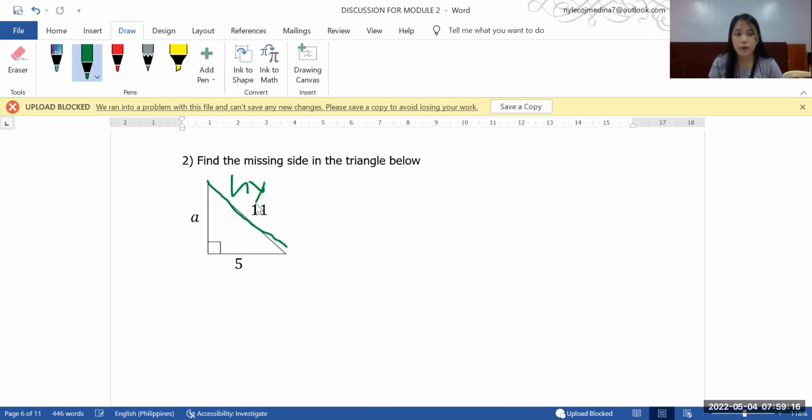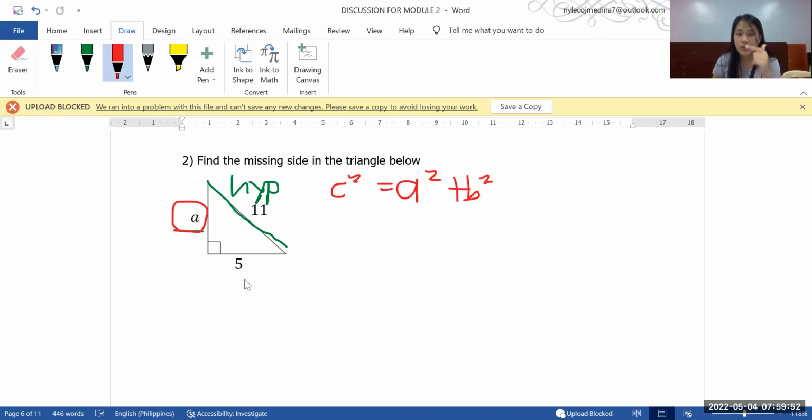Oh, another one. Ito naman, hypotenuse mo ang given value, and yung missing value is one side. Excuse me. So, using the formula, C squared is equal to A squared plus B squared, where this A is missing, and B mo is your 5.